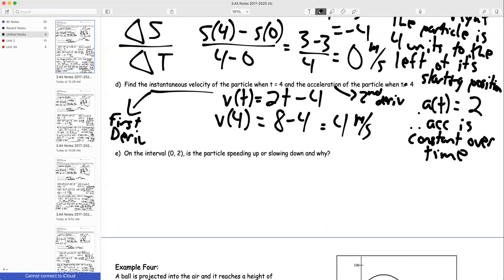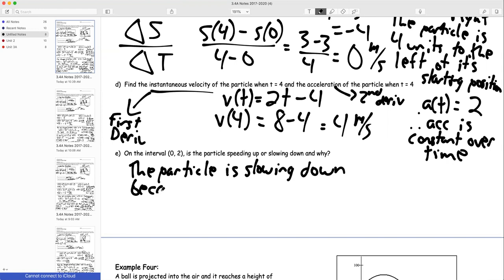So I'm going to write it like this. The particle is slowing down. Now I got to get the justification point. Particle is slowing down because the velocity is negative from 0 to 2.